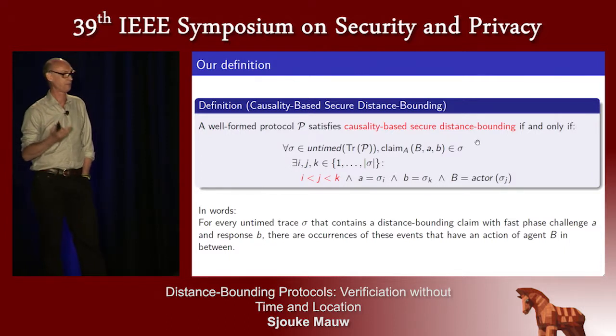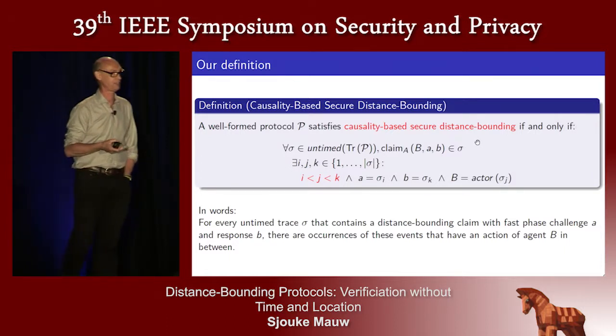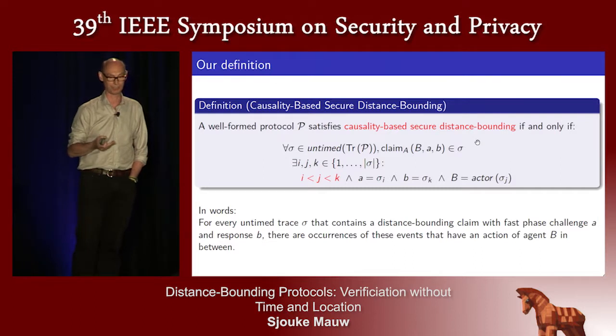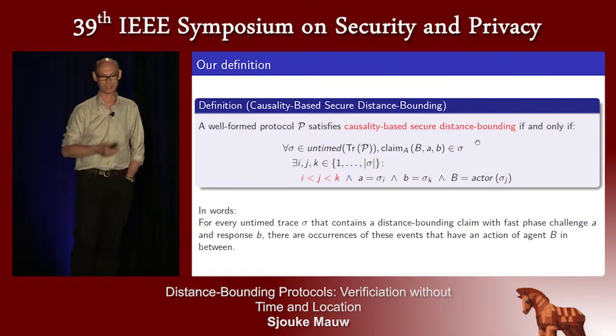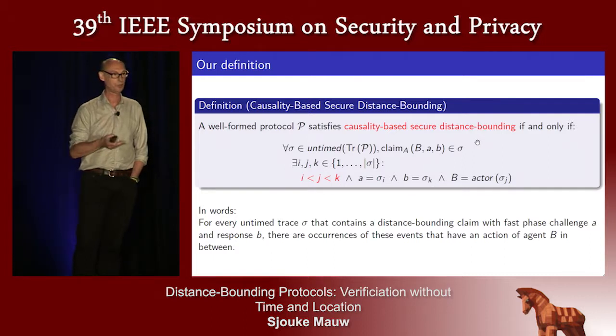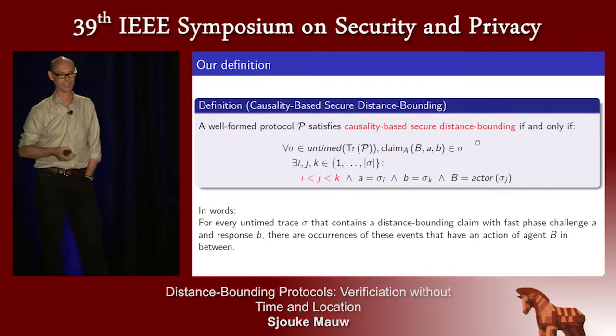And this also gives us an alternative definition of distance bounding security, which we call causality-based distance bounding. And it states that if we look at all untimed traces that contain some claim at the end of the reader role, then we have three indexes of this trace.